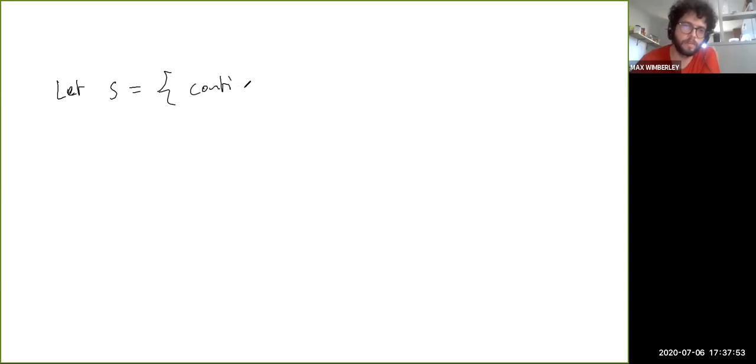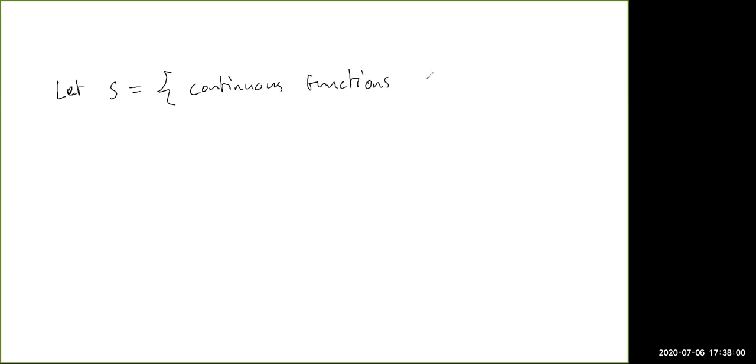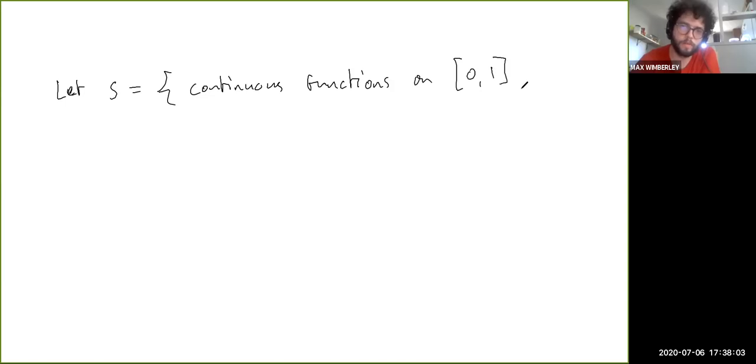One of the most important examples, which is probably a little hard to understand, is this. We haven't really defined continuity, but take S to be the set of continuous functions on 0, 1, and the metric on S would be: you take your two functions and look at the maximum of the difference.